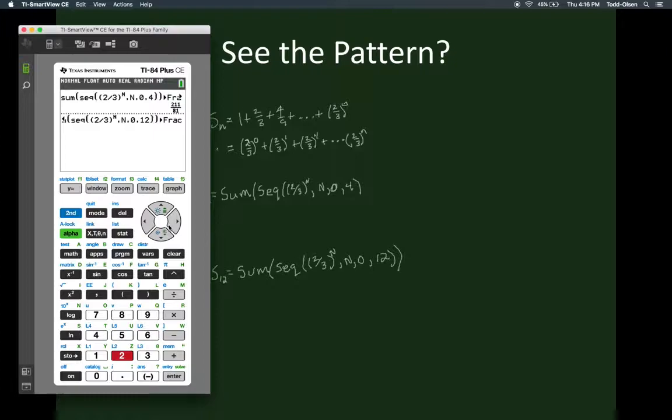So you can bring back the previous command, edit it, and then press enter. And so you can see now the calculator is overflowing the decimal approximation. So it can't give the fractional form anymore at n equal 12. But that's fine. What it tells me is that the traveler's gone 2.98458 miles.